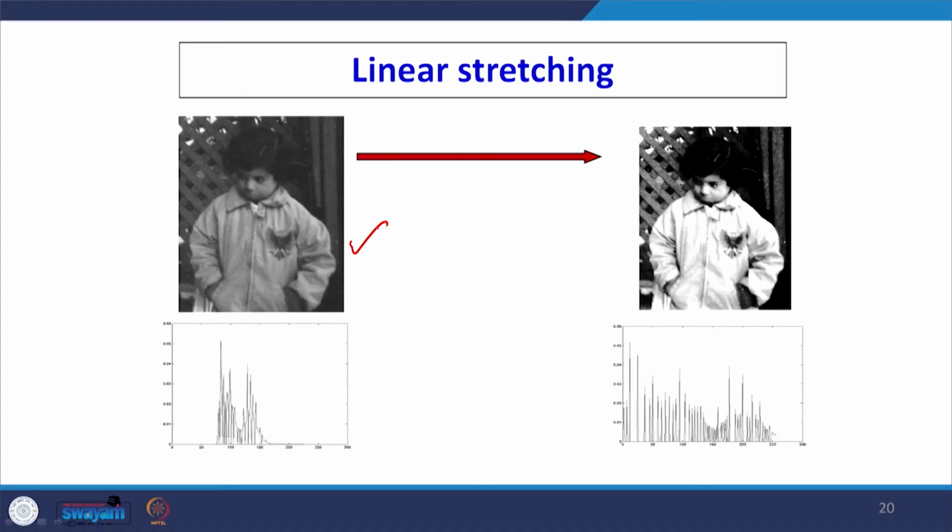Now if you remember the figure which I showed you earlier, this is the boy and this is the histogram of that picture image which is to be enhanced. After the stretching of the values using linear contrast enhancement techniques, we are getting a very good, very sharp image now.